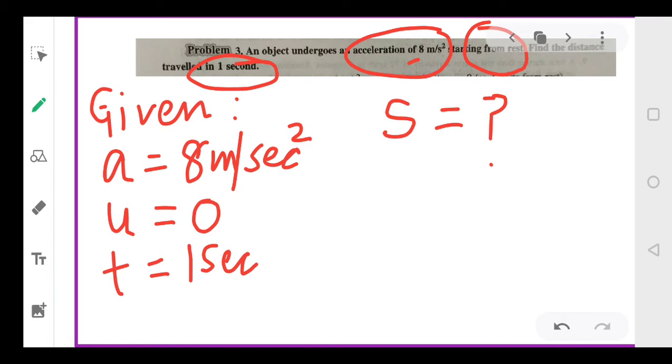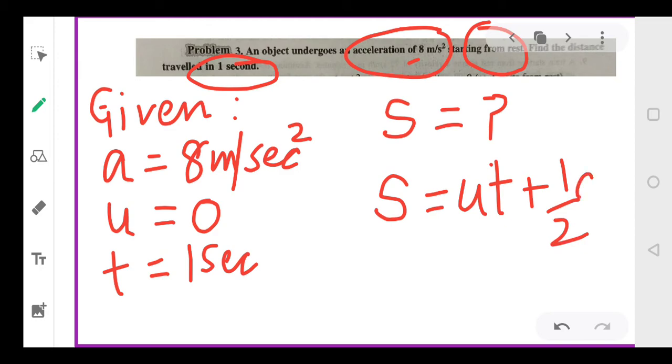That is S is equal to ut plus half at square. Again, just see, A is 8 meter per second square. It is given in the question, isn't it? Then the object is at rest, so U is 0. T is 1 second. And we have to calculate S. S means your distance.